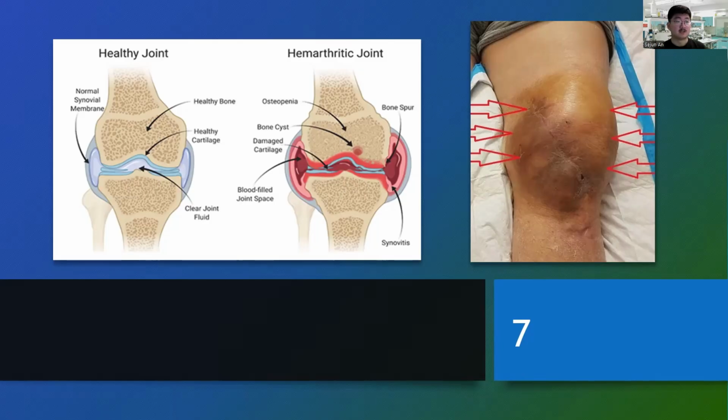Here I have included a couple more images showing how the pooling of blood may occur within a synovial joint. This is the load-bearing knee, which has the blood pool in and around the joint itself, taking up the space of the synovial fluid.